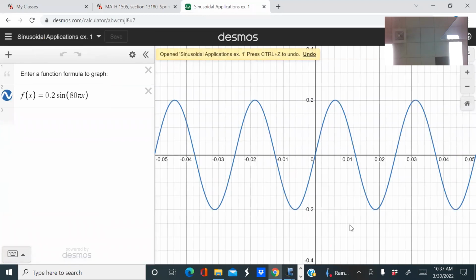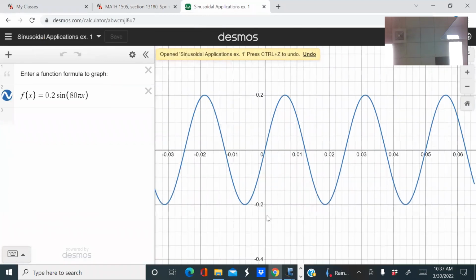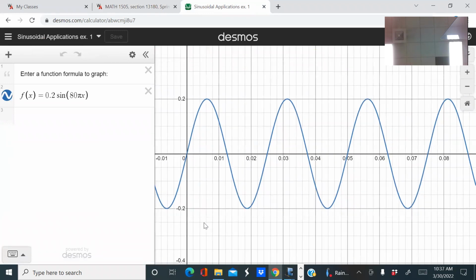I've got this one graphed with a much different graphing window than I would normally use. I've cut down on the y-axis considerably so that we can see the amplitude easier. This curve goes down to minus 0.2 and up to 0.2.